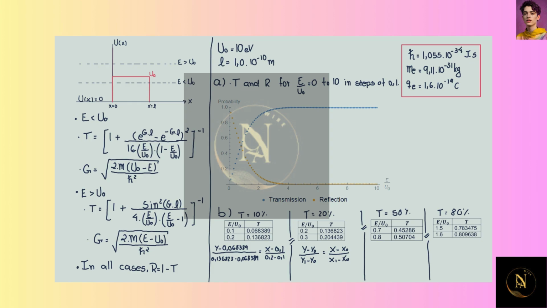And now what we want to know is which value of x makes y equal to 0.1. Then we substitute y by 0.1 and solve this equation for x.